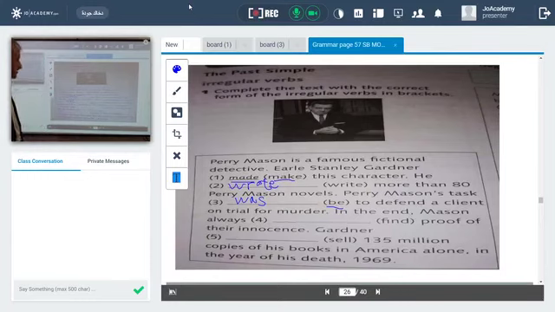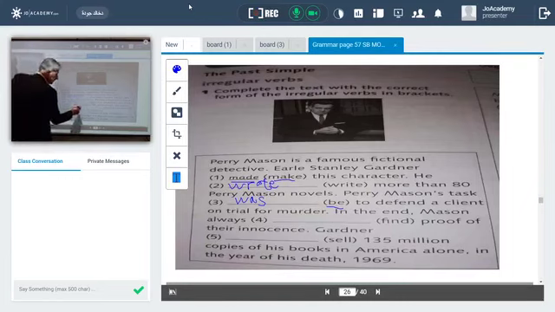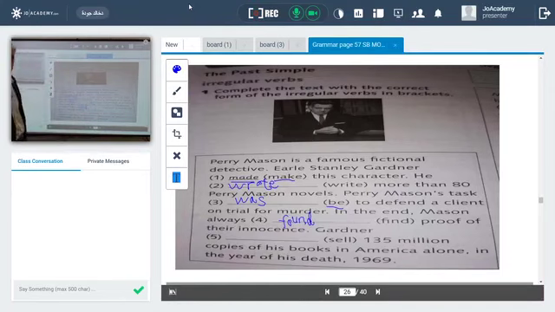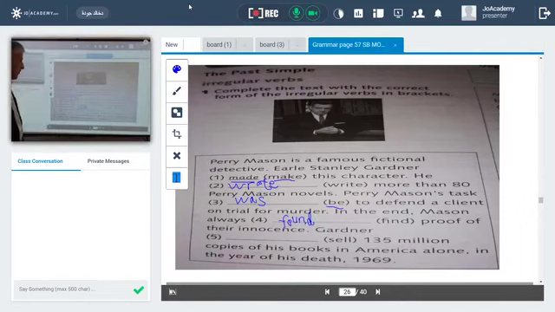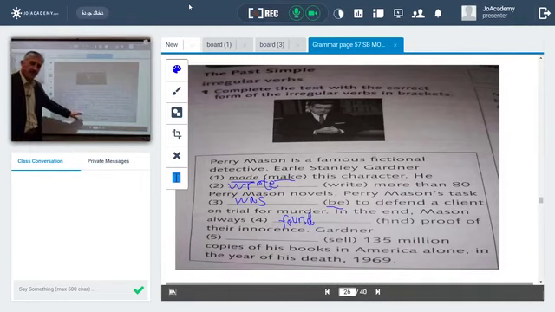In the end, Mason always found, okay. The past of find is found. Found proof. Proof means dalil. The word proof here means what? It means dalil. Proof of their innocence. Innocence. He found proof of their innocence.